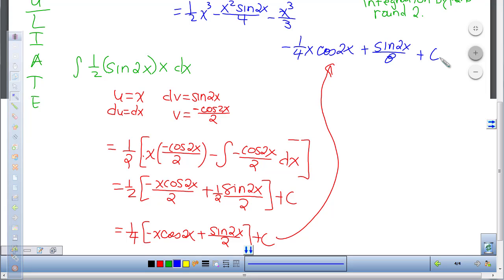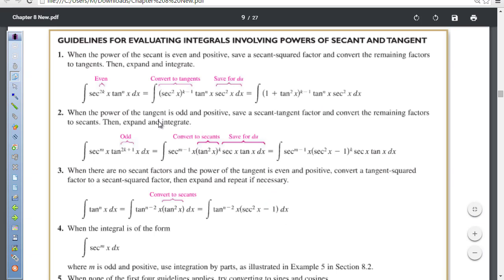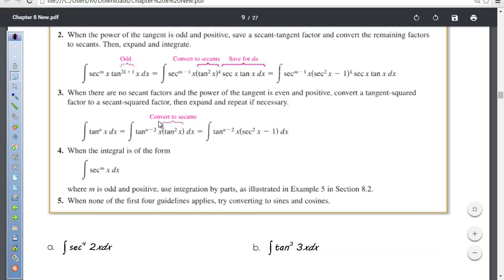So if we're going to convert everything to tangents, we need to hold on to some of those secant squareds. If we have an odd power of tangent, then we're going to convert the even power to secant. We're going to hold on to one of those tangents for our derivative, and so forth. All right, so those are the rules that we'll be looking at. They're right here and also in your handout.